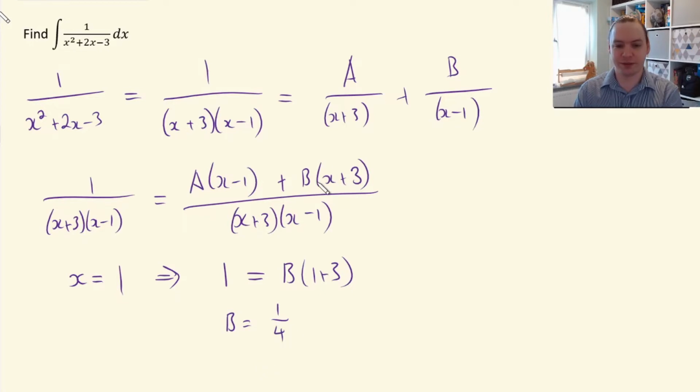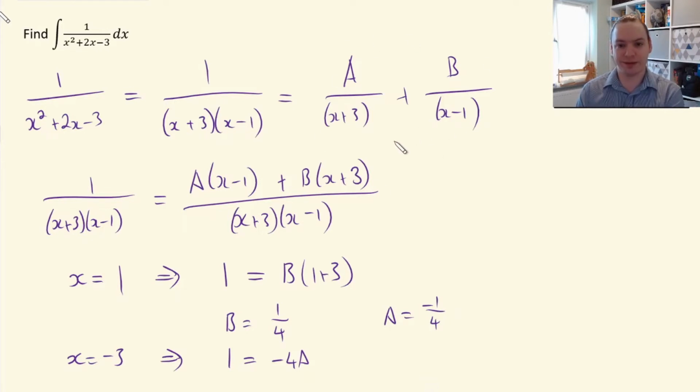And then to do the same thing to find a, we can either substitute a quarter in here, but actually that's going to leave us with some fractions and is a bit awkward, certainly harder than using x is minus 3 and substituting that in, and that gives us that 1 equals negative 3 take away 1 is negative 4a. So we have b is 1/4 and a is negative 1/4.